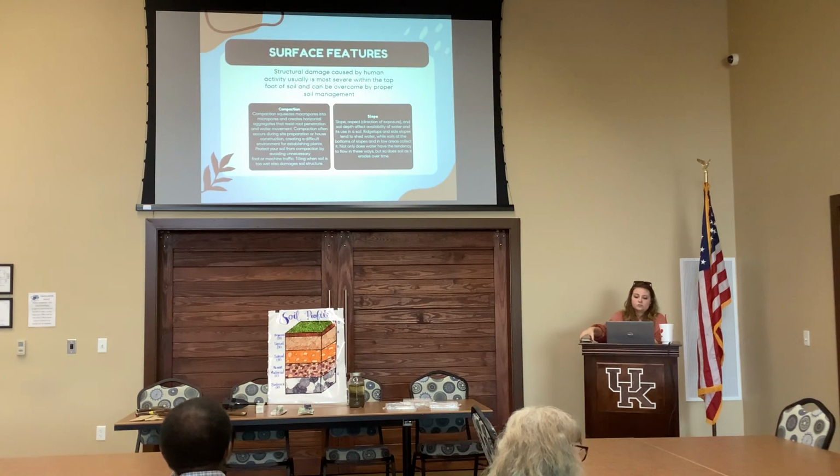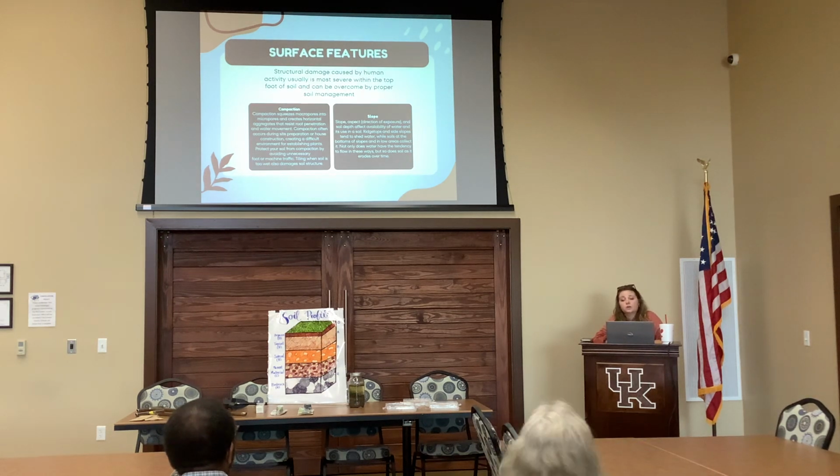Surface features. So structural damage caused by human activity is normally the most severe within the top foot of your soil and can be overcome by proper soil management. What that's talking about is soil compaction. Soil compaction can be anything from a walking path to driving over it with your lawnmower consistently back and forth.